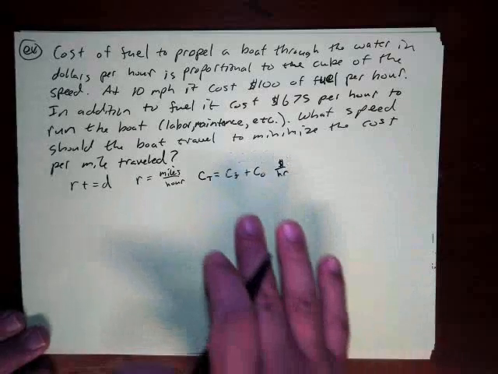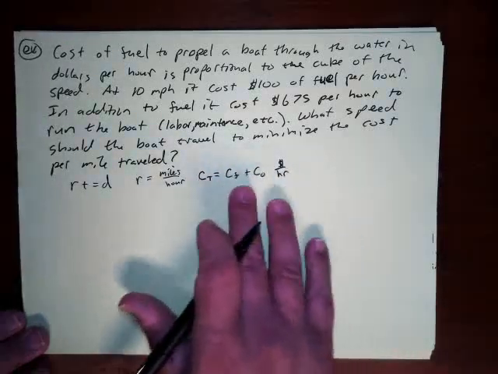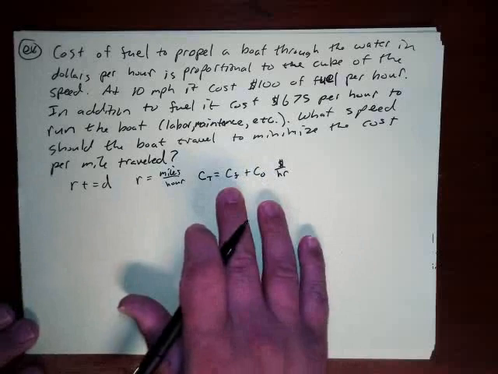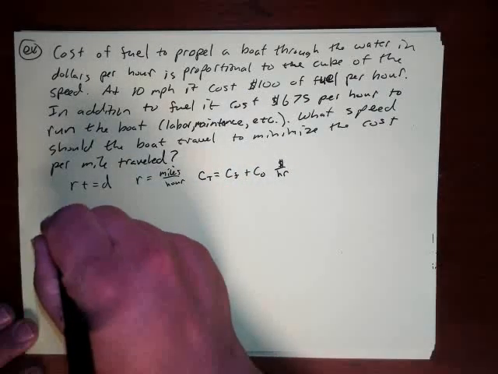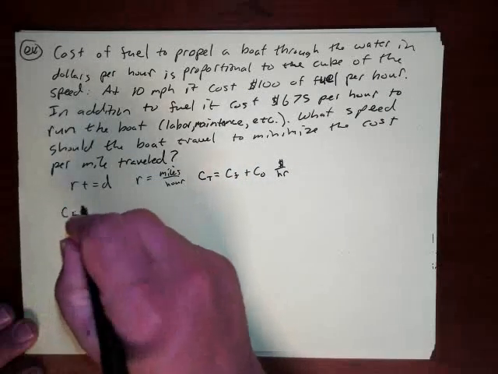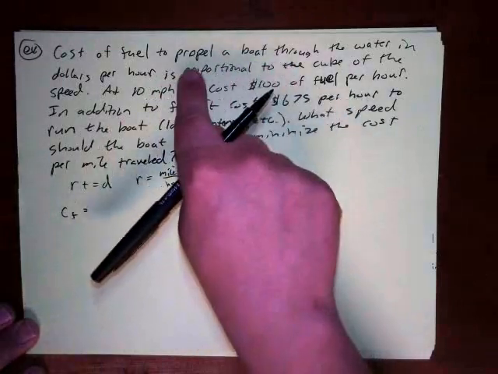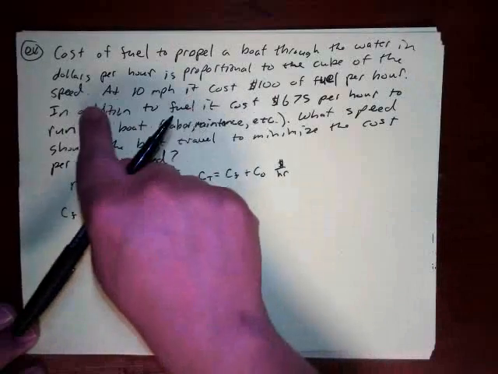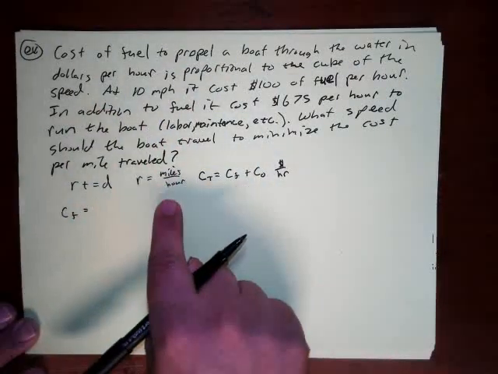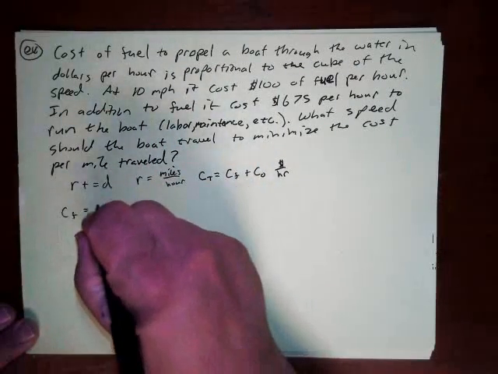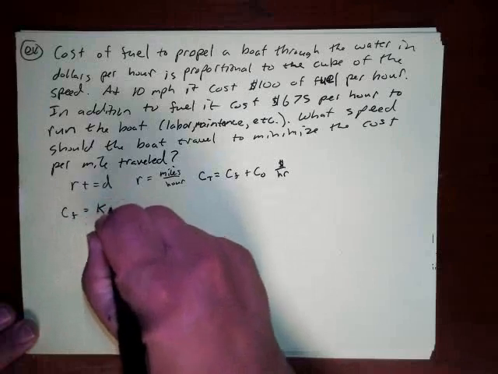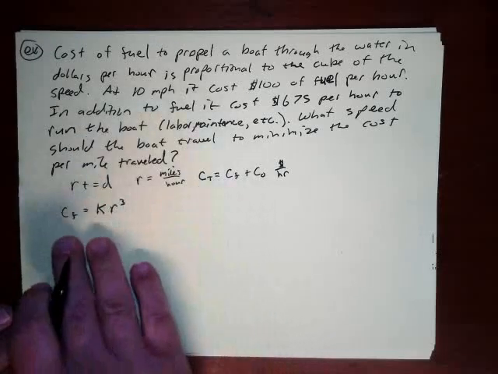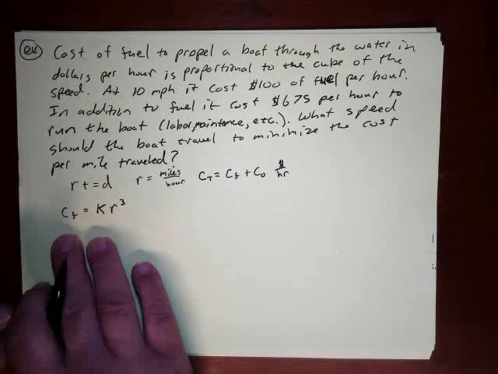Okay? So what I want to do is look at each of these. So that cost for fuel, what it tells us here is that it's proportional to the cube of the speed. So R is the speed, and so this is proportional to the cube. So there's some constant times R cubed that gives you the cost for fuel, okay, per hour.